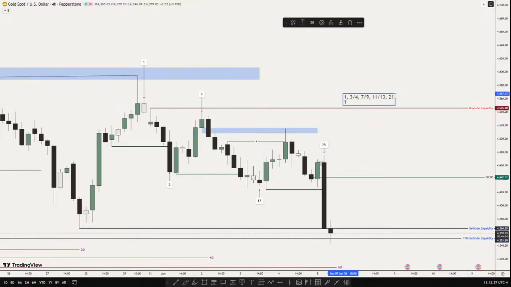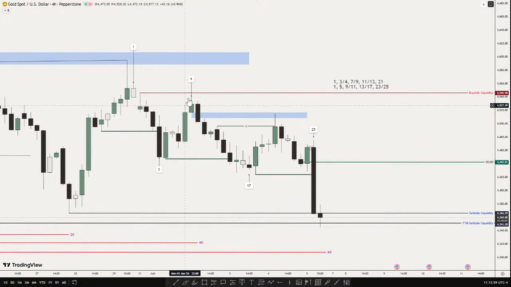And the second sequence we look at is 1, 5, 9 slash 11, then 13 slash 17, and then 23 or 25. So this was the sequence that was running on price: 1, 5, 9, 17, and 25. So this was clear: 1, 5, 9, 17, and 25. This is the reason that I was looking at price reversal here, and this was also the NFP candle.